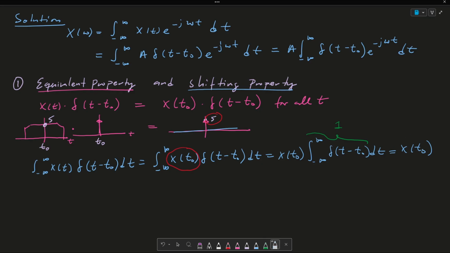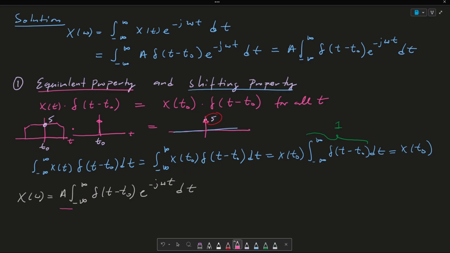So how can we correlate it to our X of omega? We can say then that X of omega is equated to A integrated from negative infinity to infinity of delta(t - t0) e to the minus j omega t dt.